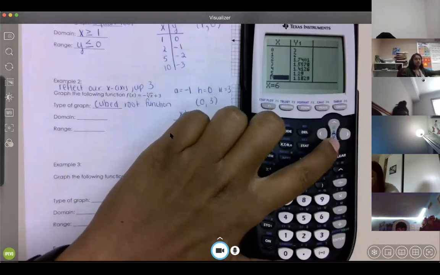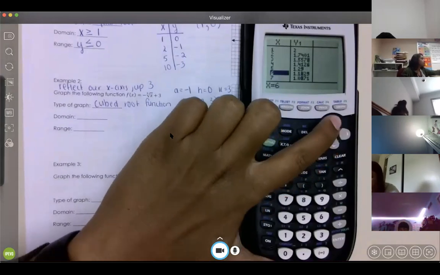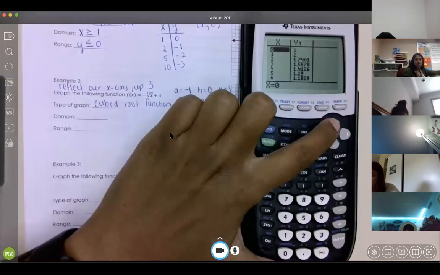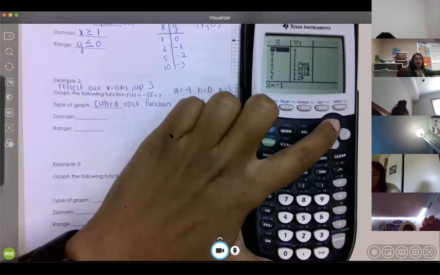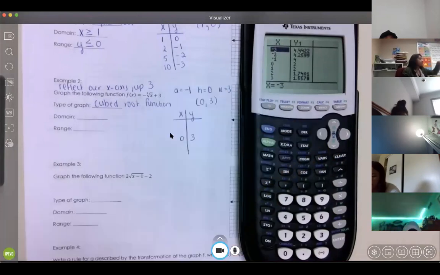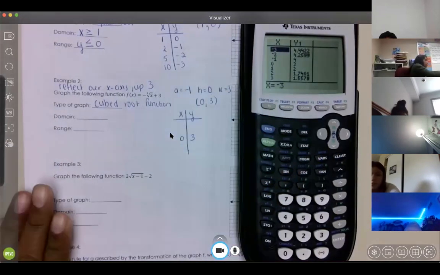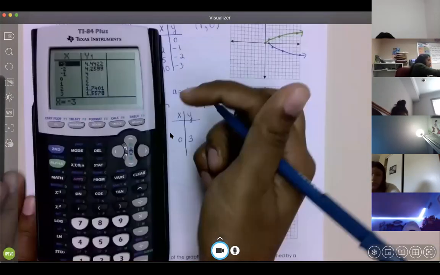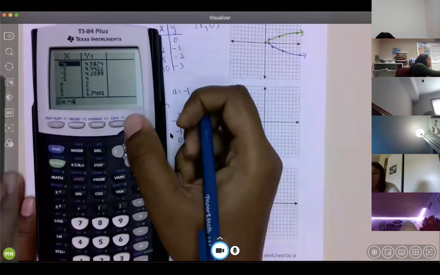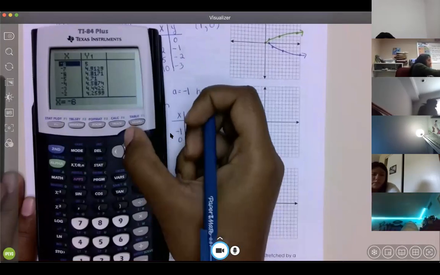All right, oh, I scrolled too far. Okay. So you want two numbers that are smaller than 0 that are easy to graph. So I would do -1, 4, and let's do, gotta scroll for a little bit, -8, 5.